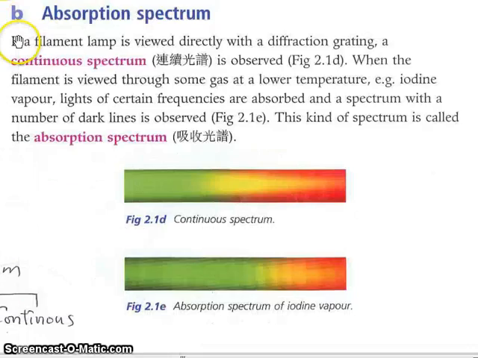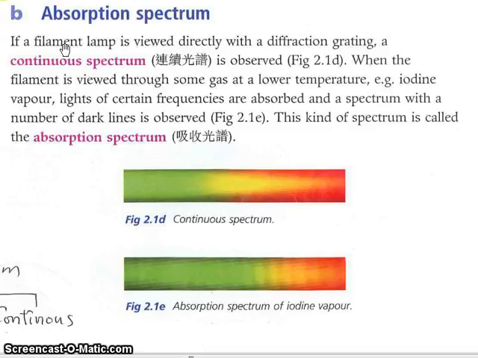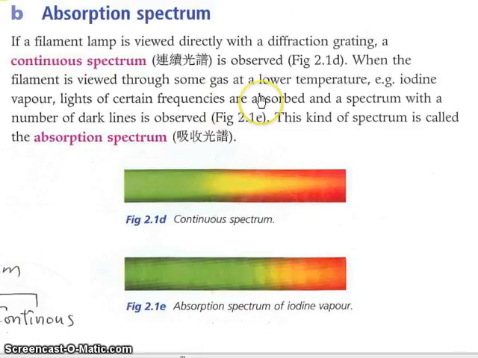So let's go back to the book and see what the book says. There is a continuous spectrum when it is a filament lamp. However, when light passes through iodine vapor or any other cool gas, some frequencies are absorbed, and the remaining light is going to produce an absorption spectrum, and that's why you can see a few dark lines in the absorption spectrum of iodine vapor.